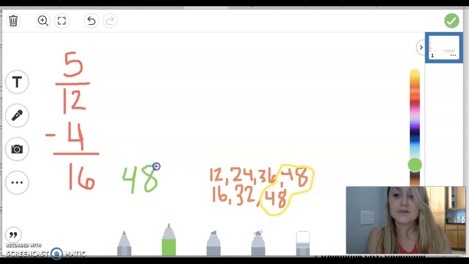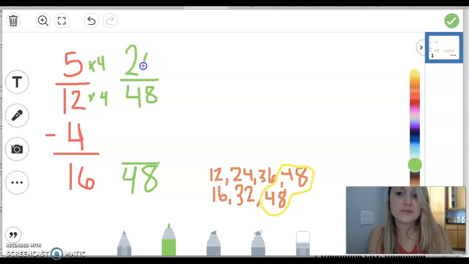So we're going to do 48 as our denominator. Okay, so we know 12 times 4 is 48. Whatever you do on the bottom, you must do on the top. So we have 20. And then here, we know that 16 times 3 is 48.